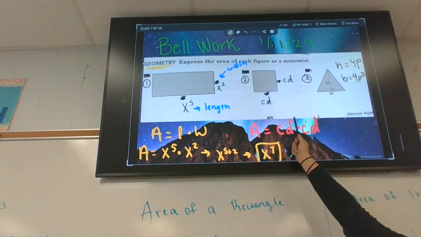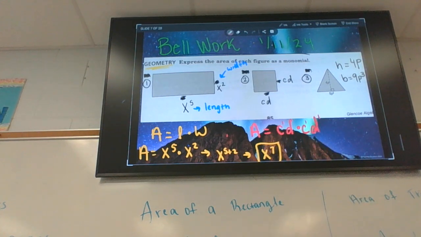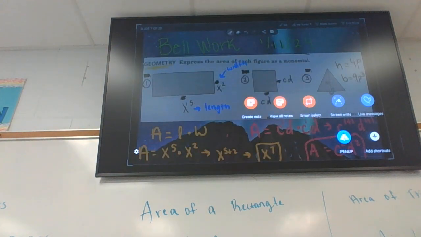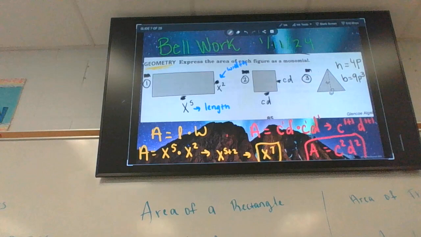If there's no exponent, the invisible 1. So this would be C 1 plus 1, D 1 plus 1. So that area is C squared D squared. Funny that it's the side length squared and we call it a square. These things are related on purpose.